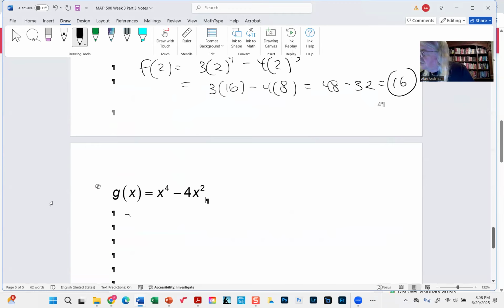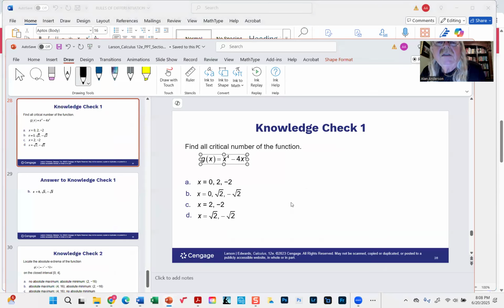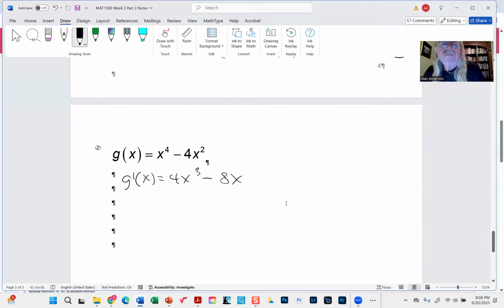So g prime of x, based on the rules that we know and love from the previous chapter. Okay. And they're asking us to find the critical numbers. Okay, so we'll set this equal to 0.